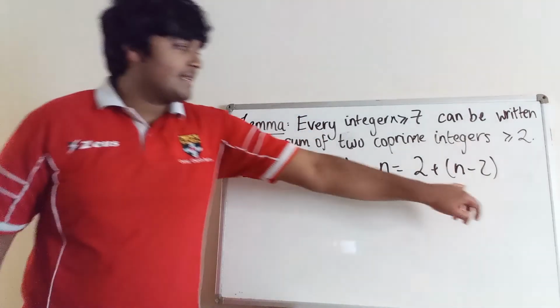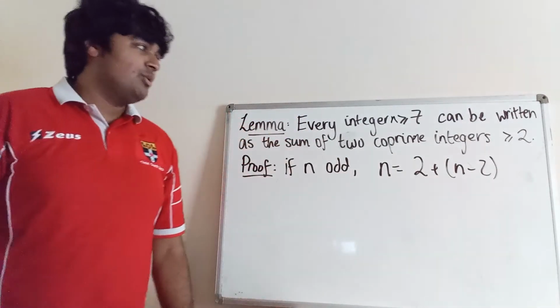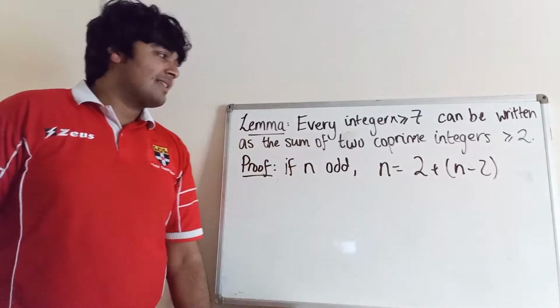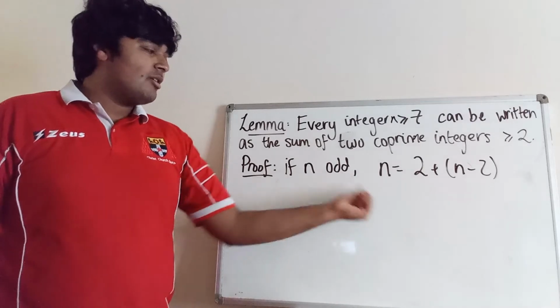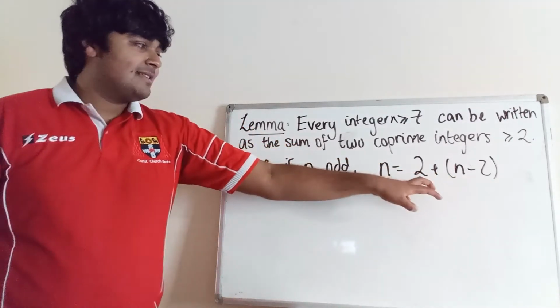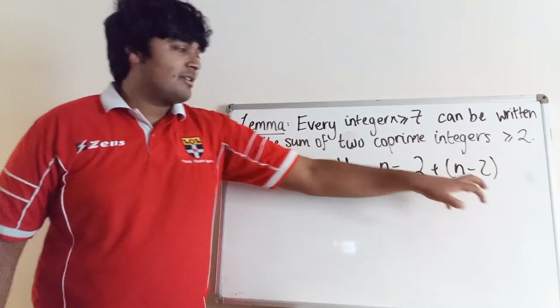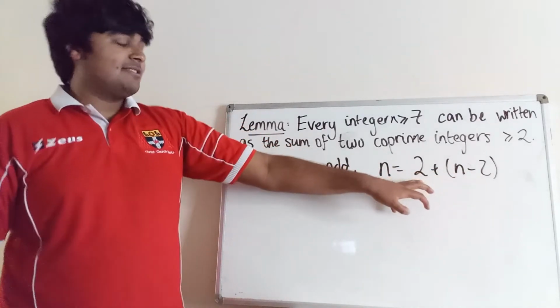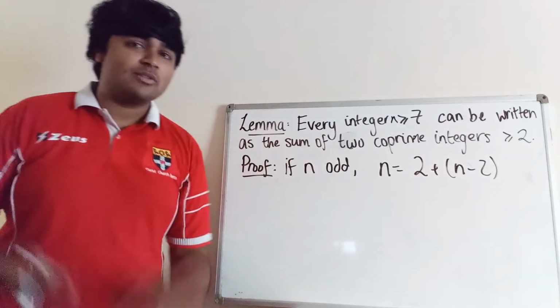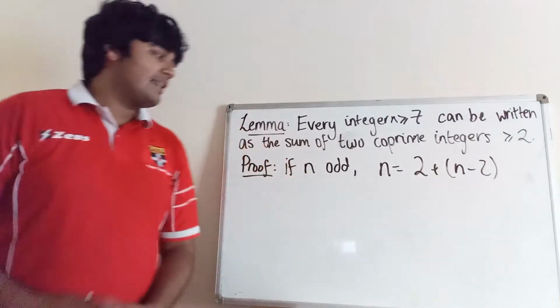Now, these are certainly two positive integers, both of which are at least 2, which sum to n. To check that they're co-prime: because this is 2, the only possible common factor they could share is 2, but n minus 2 is odd, so that's impossible. These two are certainly co-prime.